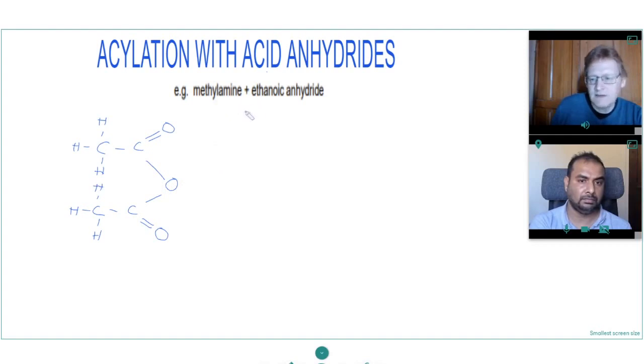And we're reacting this with methylamine. So an amine is a substituted ammonia, and it's had a hydrogen substituted for a methyl group.